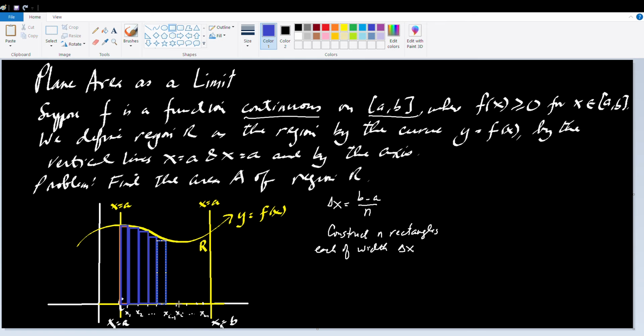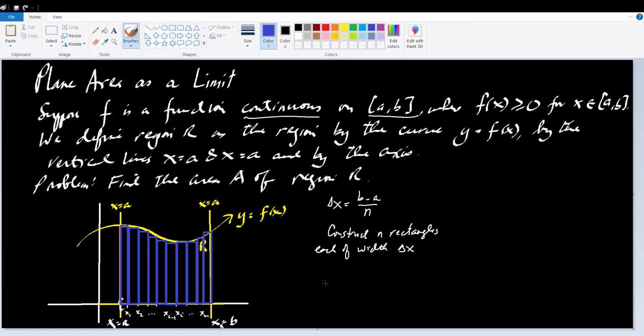Again, we have a common width for all the n rectangles, which is delta x. The height of the rectangle is determined by the absolute minimum value on the interval. Of course, another way of doing it is by considering the absolute maximum value on the interval.